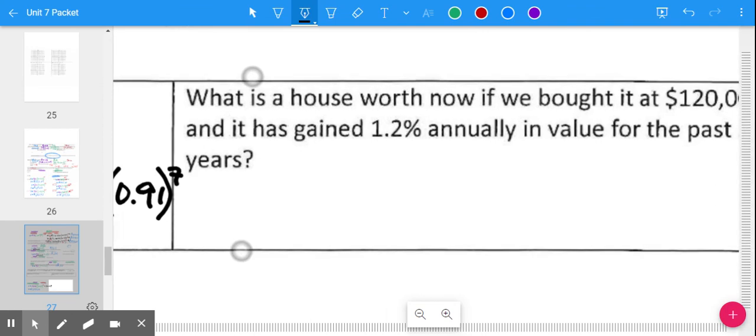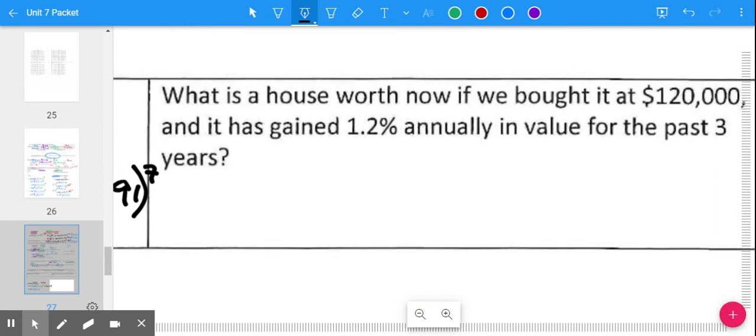So our next one, what is a house worth if we bought it at $120,000? So there's your principal. It has gained, so we're adding 1.2% annually for the last 3 years.